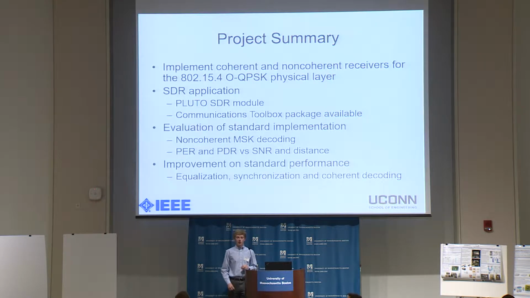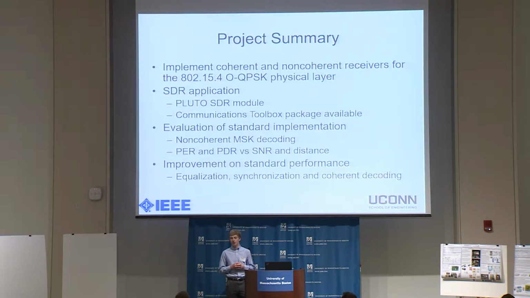The idea of this project is that I've taken the IEEE 802.15.4 OQPSK physical layer specification and developed the standard receiver for the physical layer and a new coherent receiver, and compared their performances.